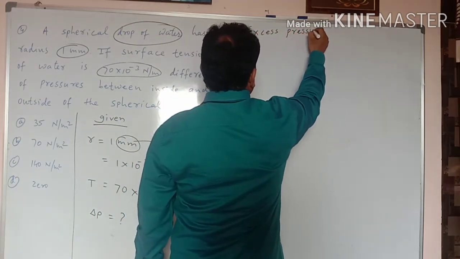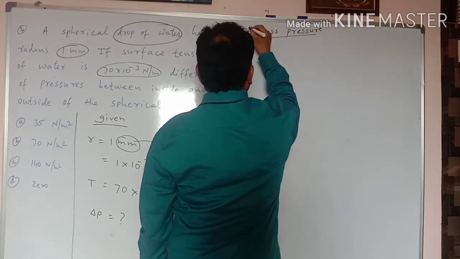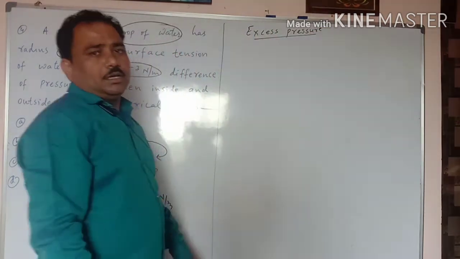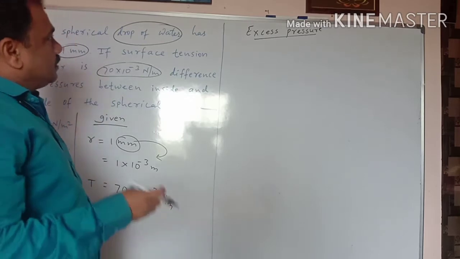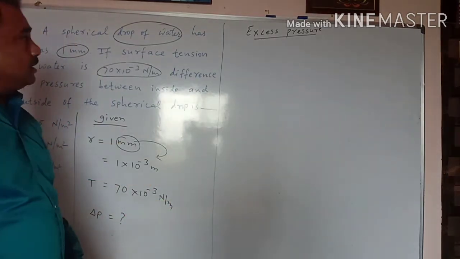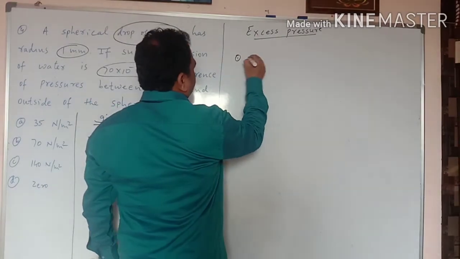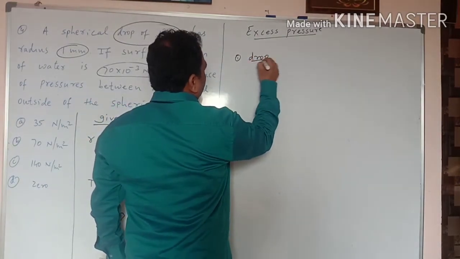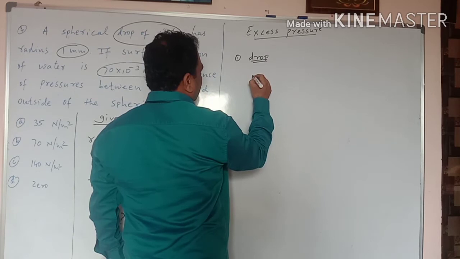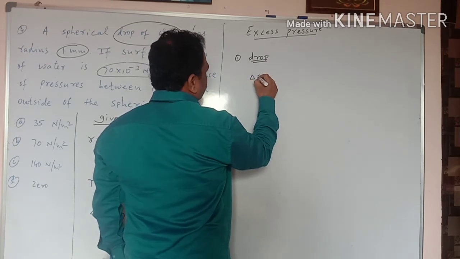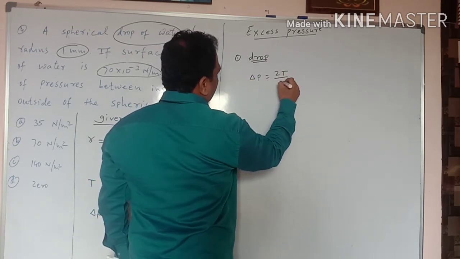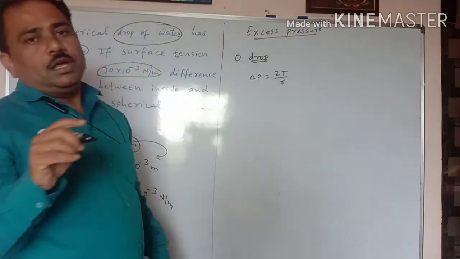We know the concepts. First of all, see here, the pressure difference or excess pressure for drops and bubbles. A water drop is there. If a drop is there, then we know the excess pressure can be calculated as delta P is equal to 2T by R. So this is for a drop.